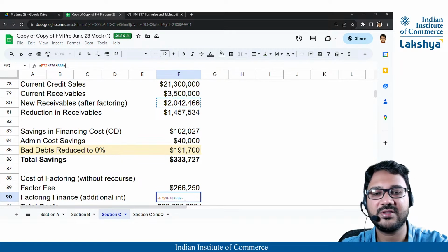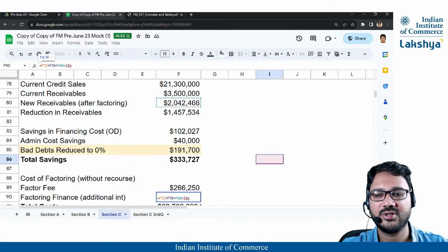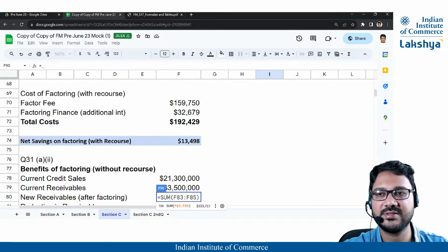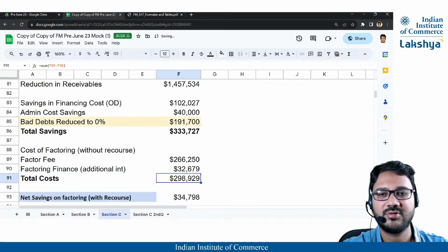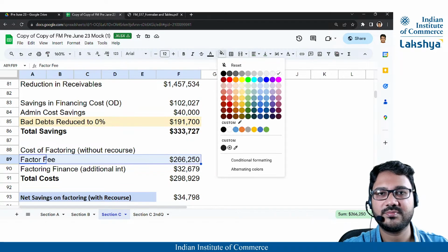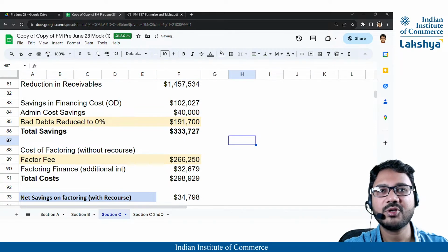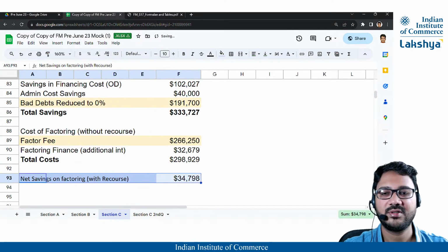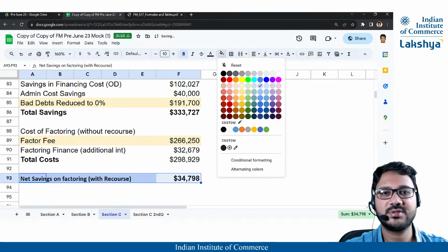Since I shifted everything, the formulas have changed. Factor financing will be the same actually, because only bad debts is changing. So factor fee also changes, right? These are the two changes that take place, due to which our overall net savings becomes $34,798.